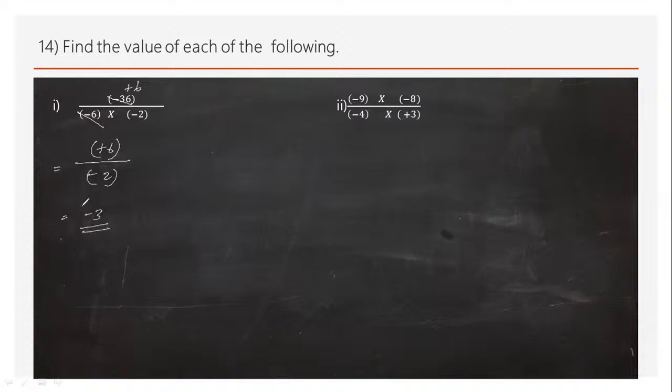Answer is minus 3. Now here minus 9 divided by plus 3, that is minus 3. Minus 8 divided by minus 4 is plus 2. Minus 3 times plus 2 is minus 6.